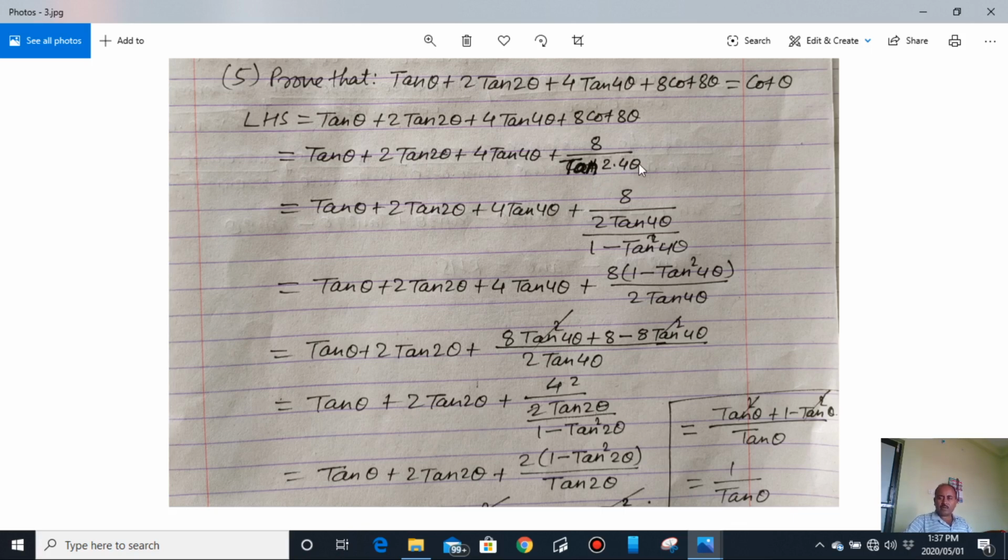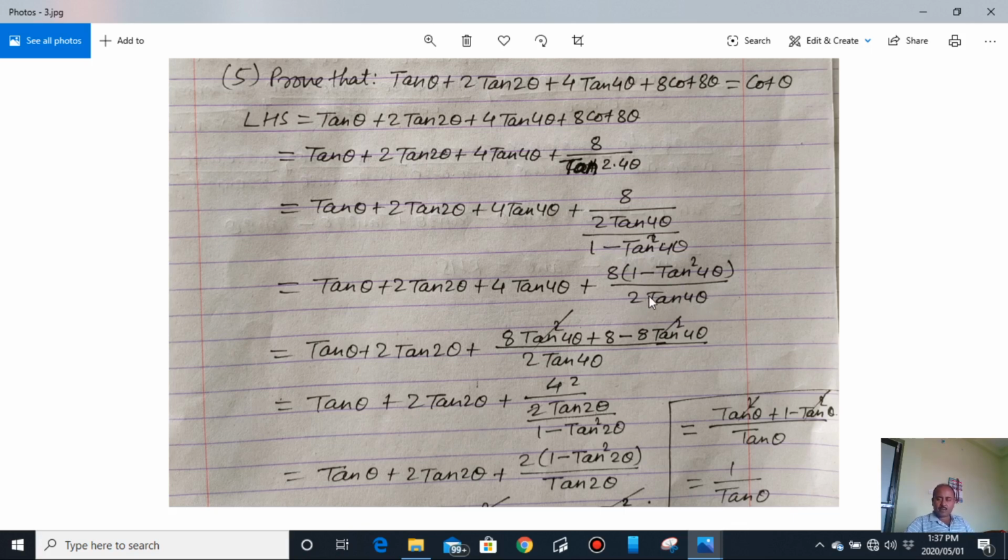And you know tan 2a is 2 tan a by 1 minus tan square a. So it will be 8 by 2 tan 4 theta by 1 minus tan square 4 theta. So 1, 2, 3 steps are there. In the next step, the down 1 will jump up: 8 into this 1 minus tan square 4 theta by this 2 tan 4 theta.